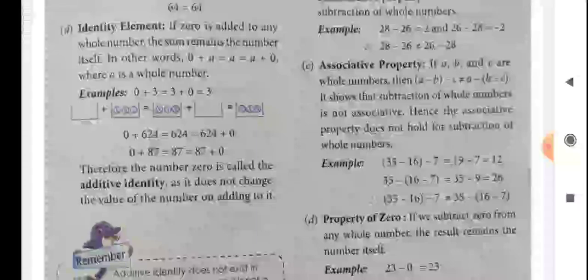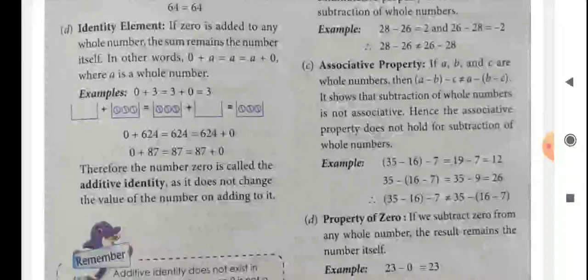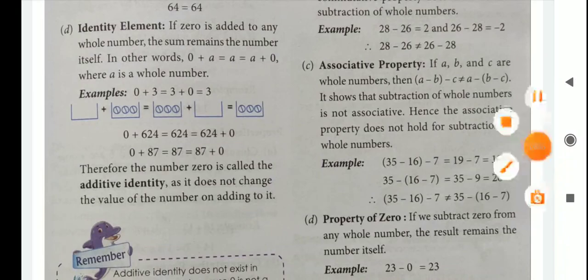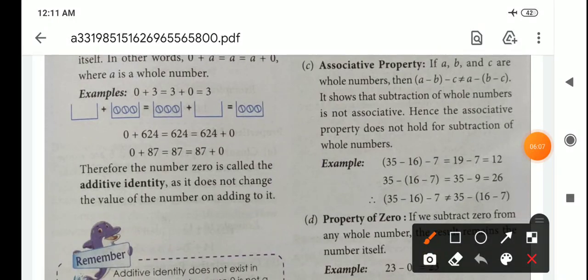Then associative property. Associative property also does not exist. See the example. (35 minus 16) minus 7. If we solve, we get 12.